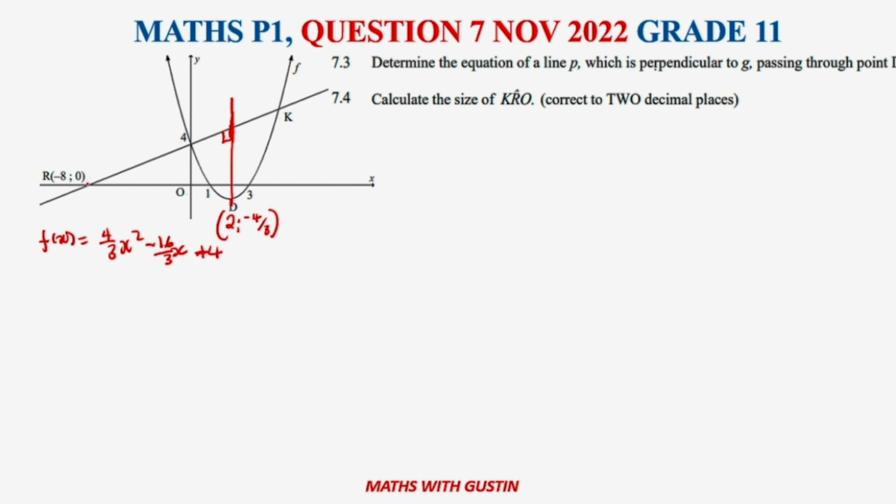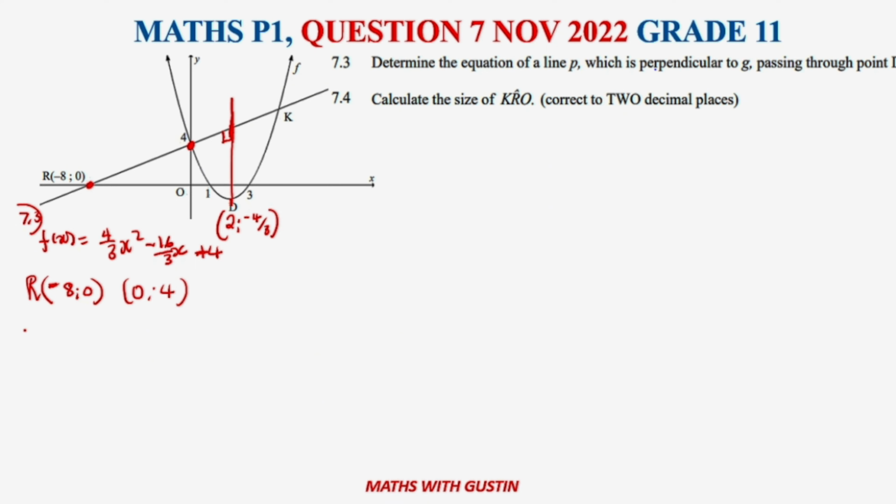Now on this straight line, we've got these 2 points here, so I think we can use these 2 points to find the gradient. We have got negative 8 comma 0 at r, and we also have this point here, which is the y-intercept, so 0 comma 4.